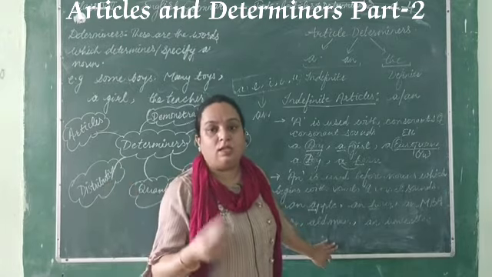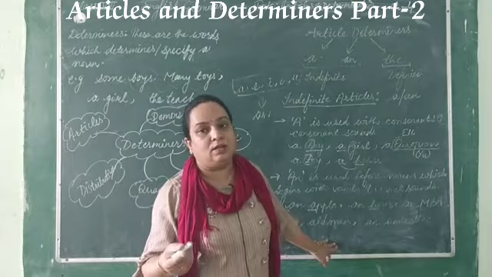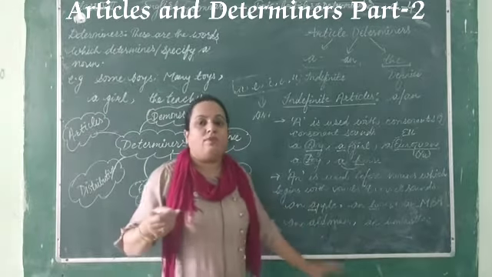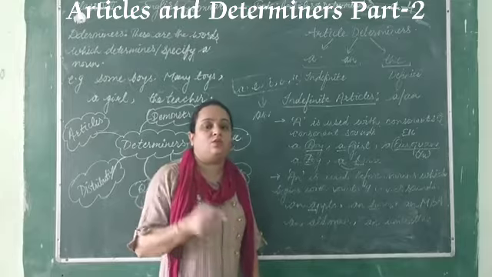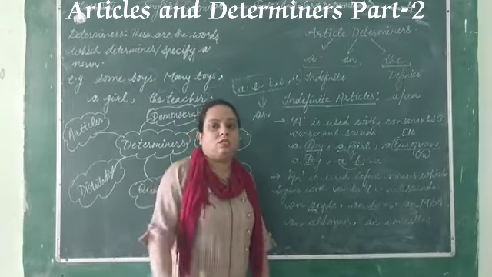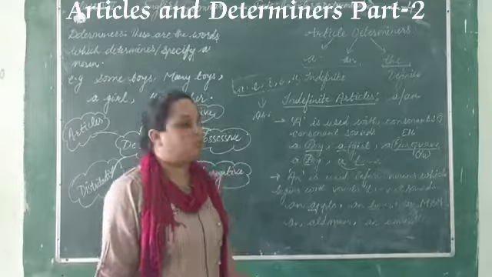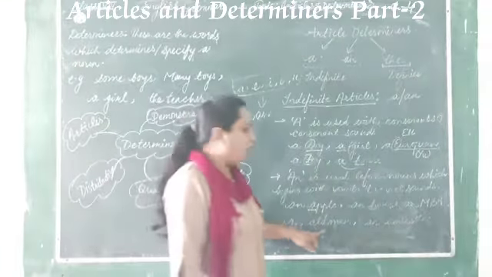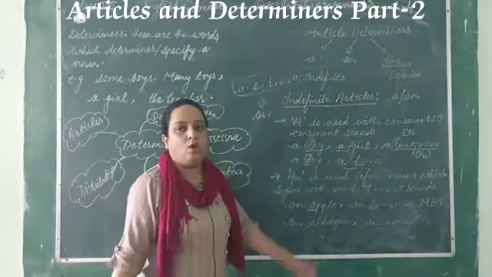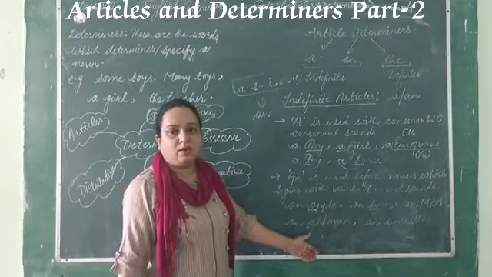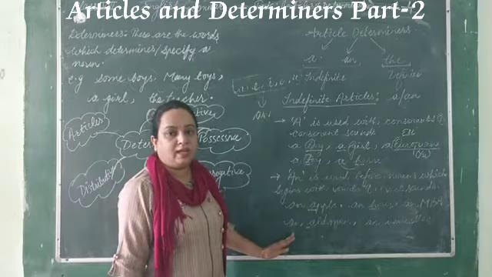But in all the concepts that is not right. We just noted that we have to check the sounds also. We have to go with the sounds, not only with the consonants and vowels. We have to check the sounds of consonants and vowels. So in an old man, old is giving the sound of O. That is justifying the sound of a vowel, so we have to use an here.